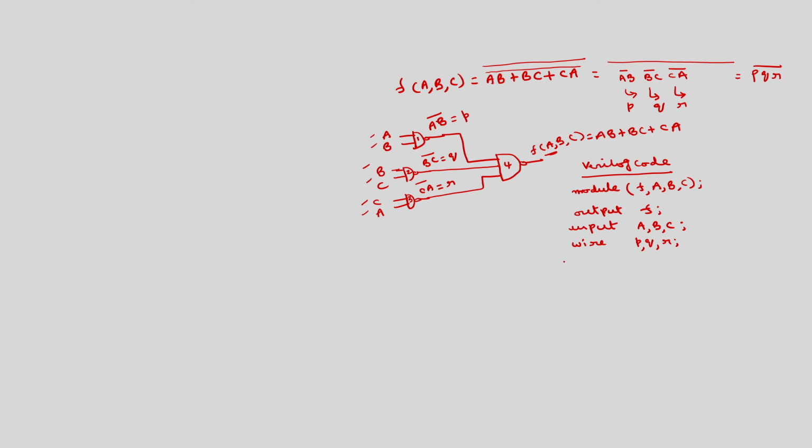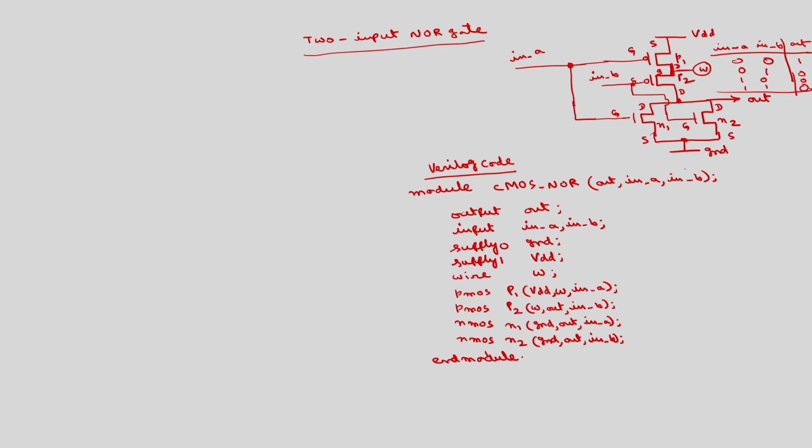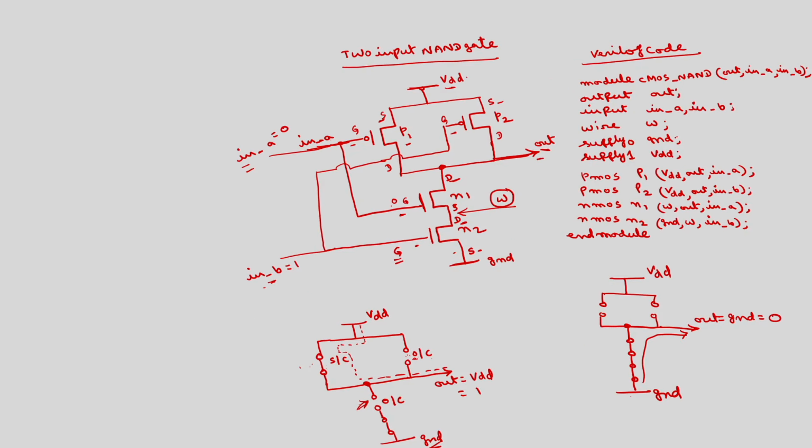Then we have to instantiate the gates. We can call back the NAND program that we wrote in the earlier class. This is the NAND logic that we have written, and the name I have given is CMOS underscore NAND.